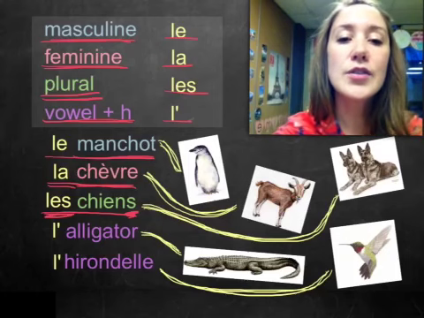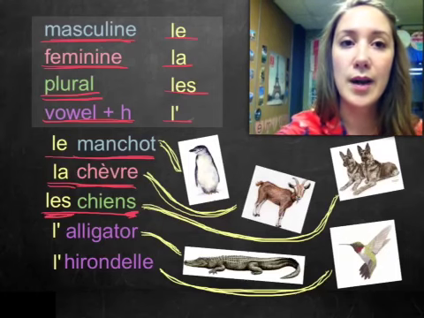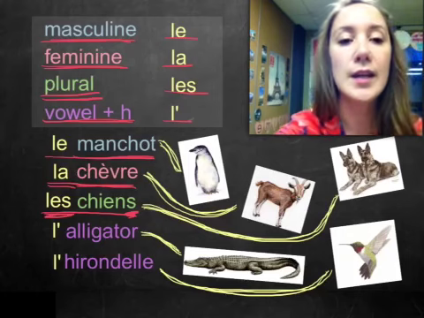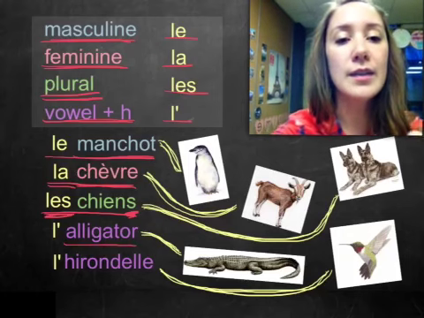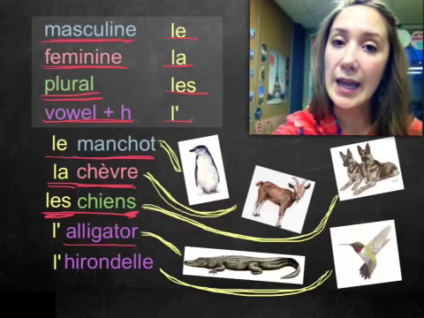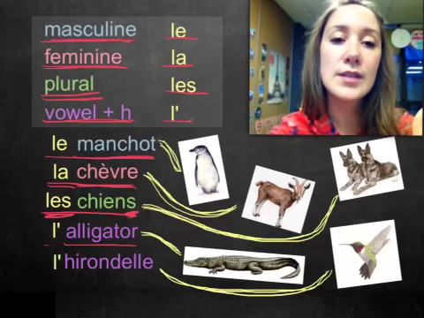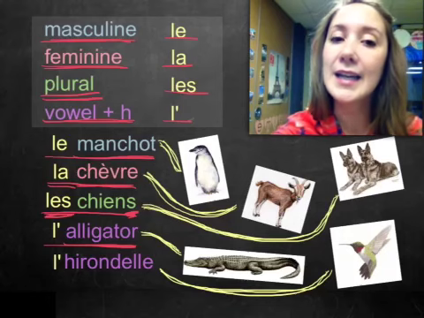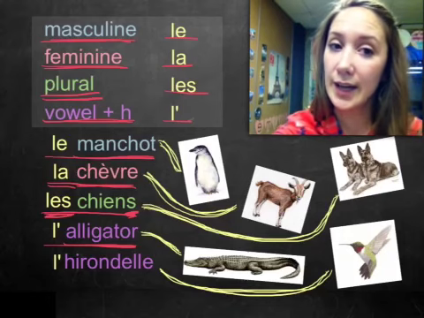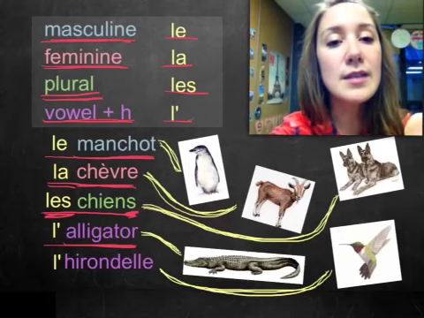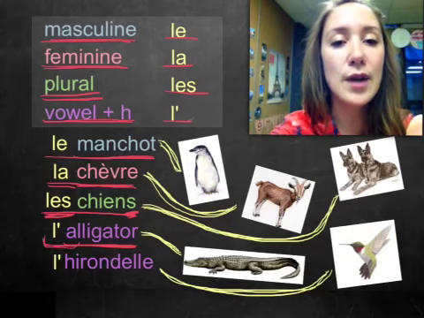And then we've got two different types of nouns that take l'apostrophe. We have nouns that begin with a vowel, A, E, I, O, or U, and we use l'apostrophe and get l'alligator, the alligator. And the reason why we use this is because the French don't like to have two vowels in a row.